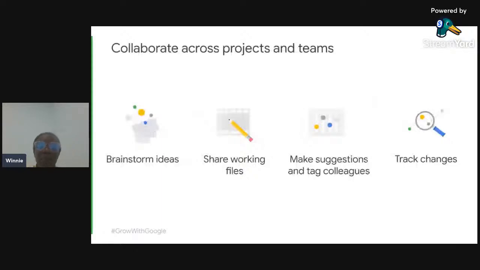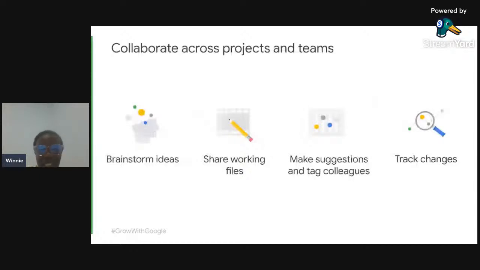For example, the finance team could be working on the same file, the marketing team giving their reports on a different file, but they have access to it. You could make suggestions and tag colleagues. You can tag colleagues on a document and they can make comments and also track changes. If you want to see where we were last week and how we are doing this week, you can just check the last week's version of the document.